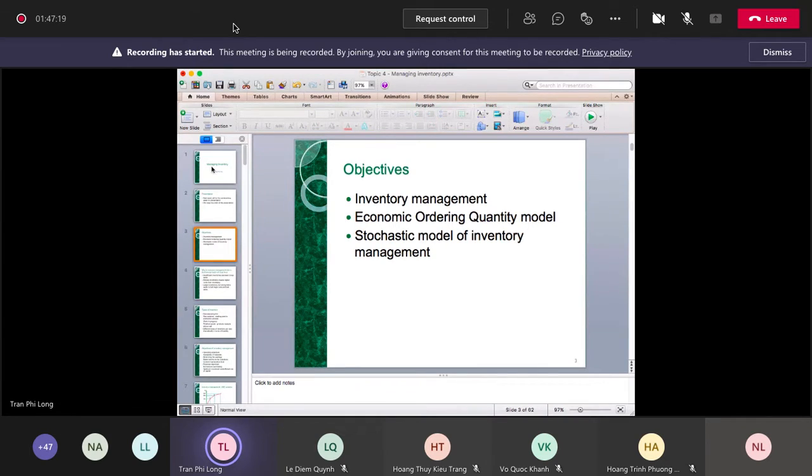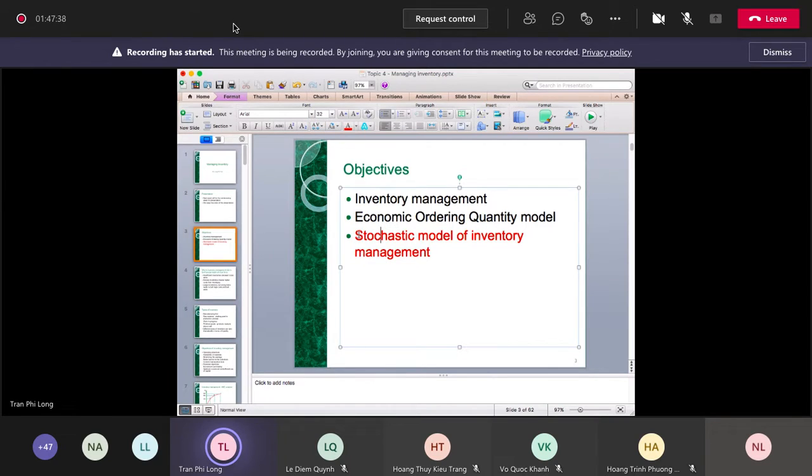Basically, for the first two objectives, it's easy for you to understand. However, for this one, the stochastic model of inventory management, it's a little bit more difficult for you.